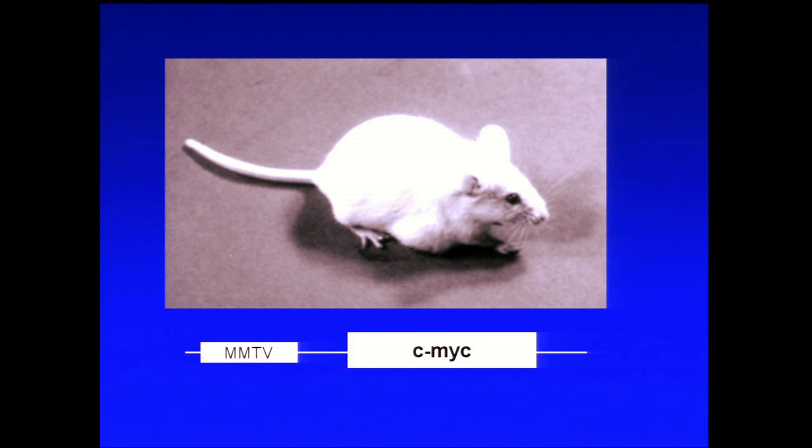And so this was one of the first ones created in Phil Leder's lab, and you took the c-Myc oncogene, you took an enhancer that drives expression in the breast, put those together, inject them into the mouse, and created a mouse that develops breast tumors with a much higher frequency relative to non-transgenic mice.